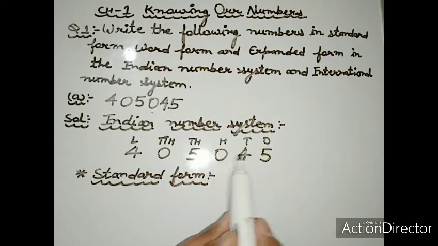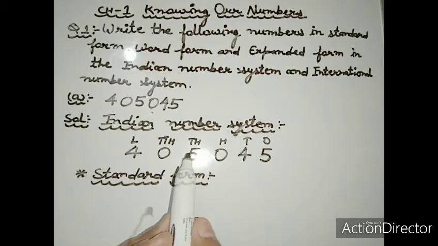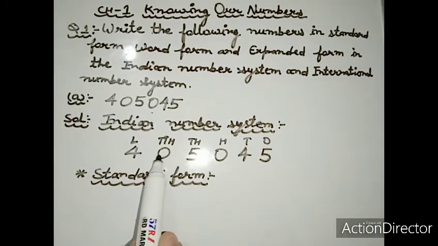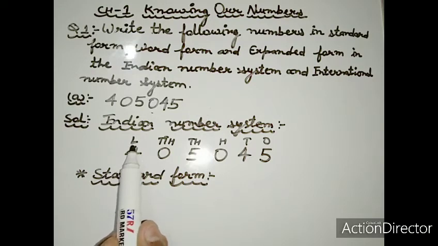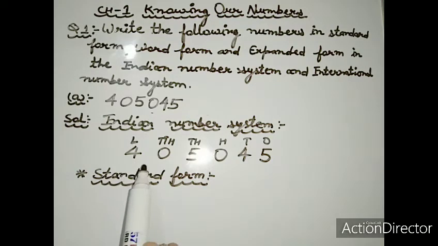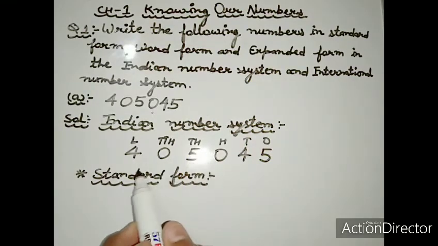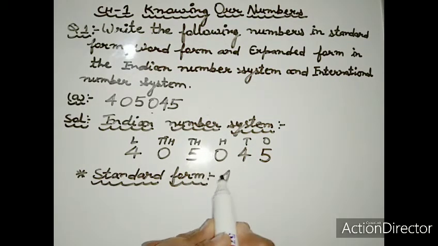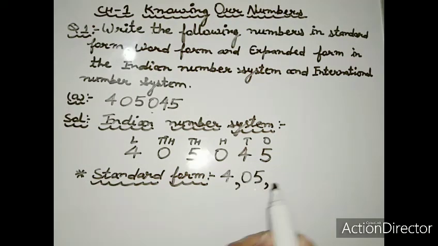So here we separate this period by using a comma from the thousand period. After that we separate the thousand period from the lakh period, and here we use a comma. So we write this number in standard form as 4,05,045.